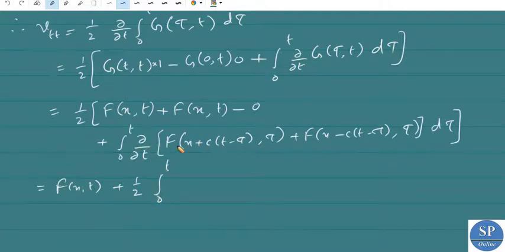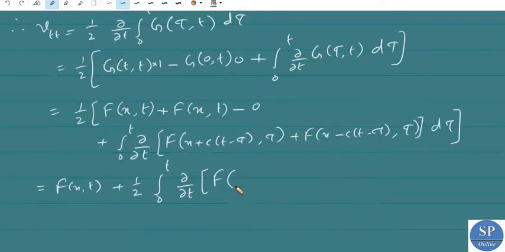Now what is ∂/∂t of this? We can write it like this: ∂/∂t of f of, I am using this as some new function y, and this as new function z.